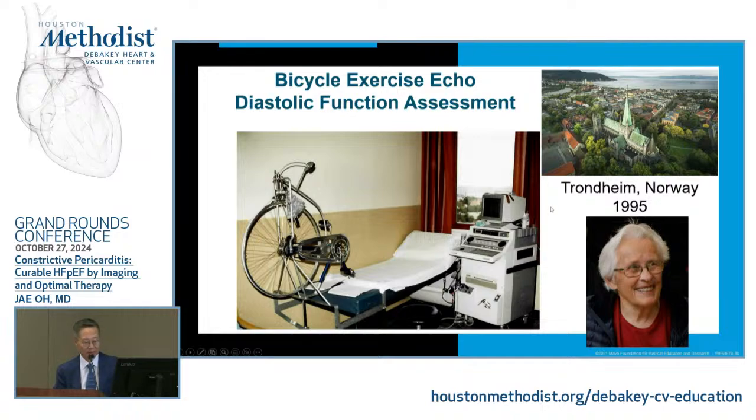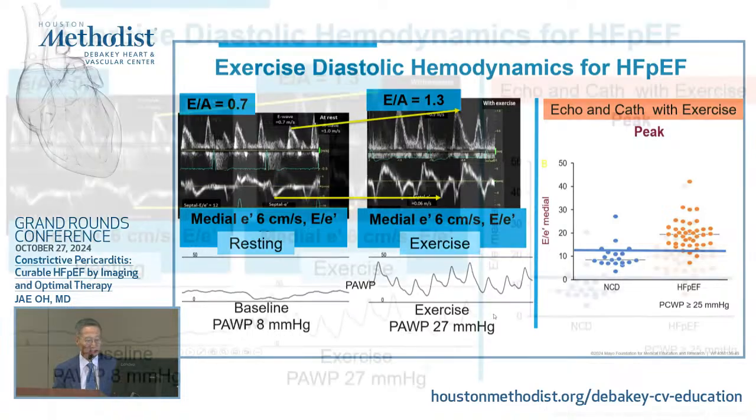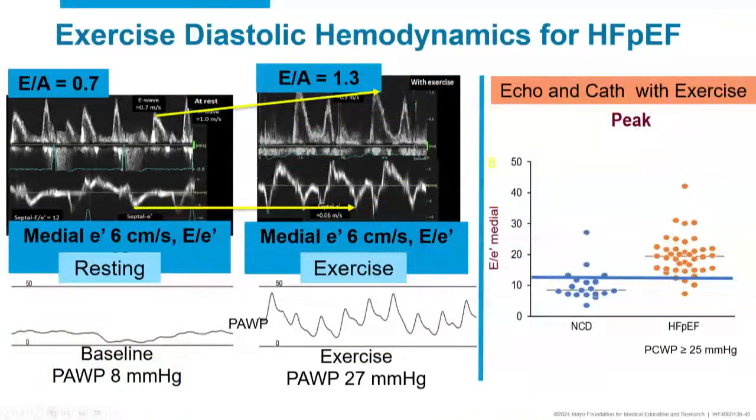published our data in early 2000, and this is the subsequent correlation by cath by Dr. Borlak and then Dr. Kane in the echo lab. You see this is patients with HFpEF. And you can see that E prime velocity is already down at 6 centimeters per second here. And when E prime velocity is reduced in myocardial disease, nothing can change much.